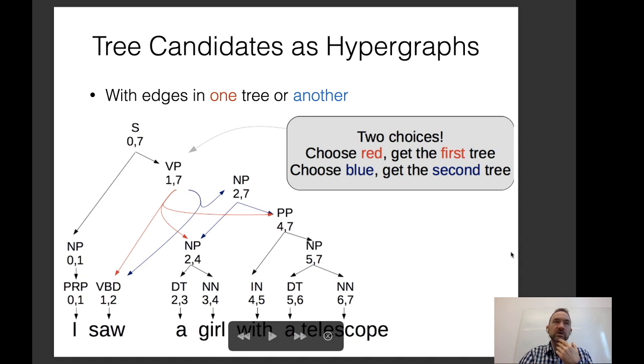What we want to do is search through a whole bunch of candidates for these graphs encoded as a hypergraph. The highest scoring candidate would be the parse that we eventually get in the end. And if we calculated the partition function using all of the graphs, that would allow us to do training using a CRF style algorithm.